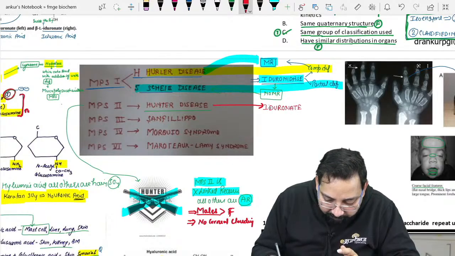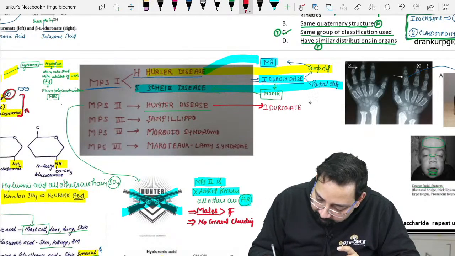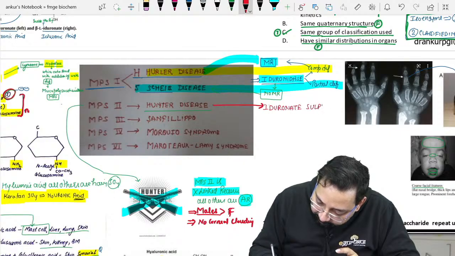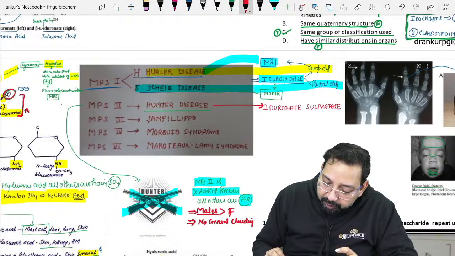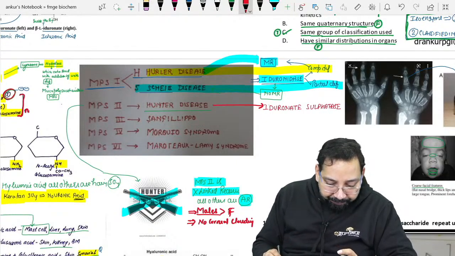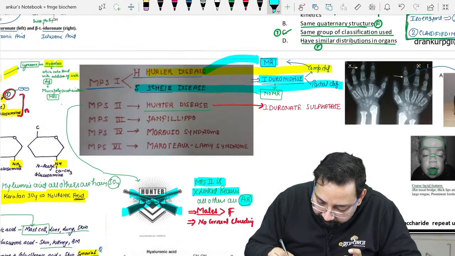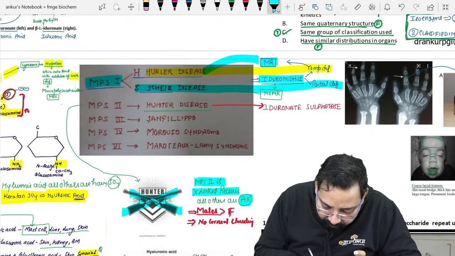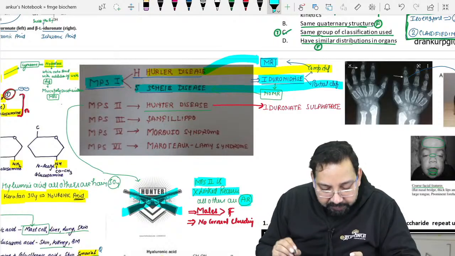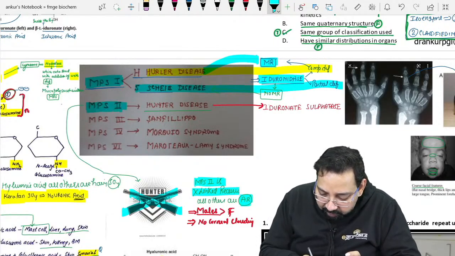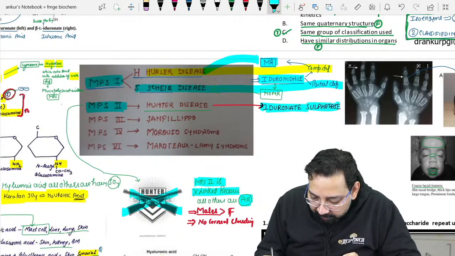Why I have written it here, you will appreciate shortly. Each and every location has significance; this is well planned. Why did I write MPS 1 with only one word in the enzyme, and MPS 2 with a two-word enzyme?